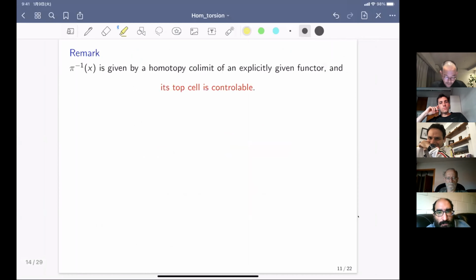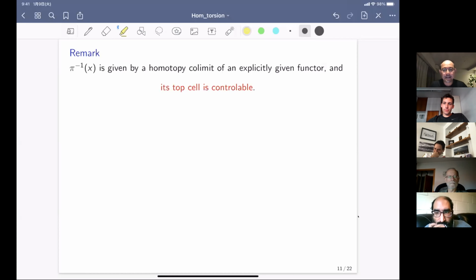And okay, so the important point is this. Actually, the fiber pi inverse x is quite complicated, but at least we can describe it as a homotopy colimit of an explicit given functor. It's really complicated, but we can control its top cell.